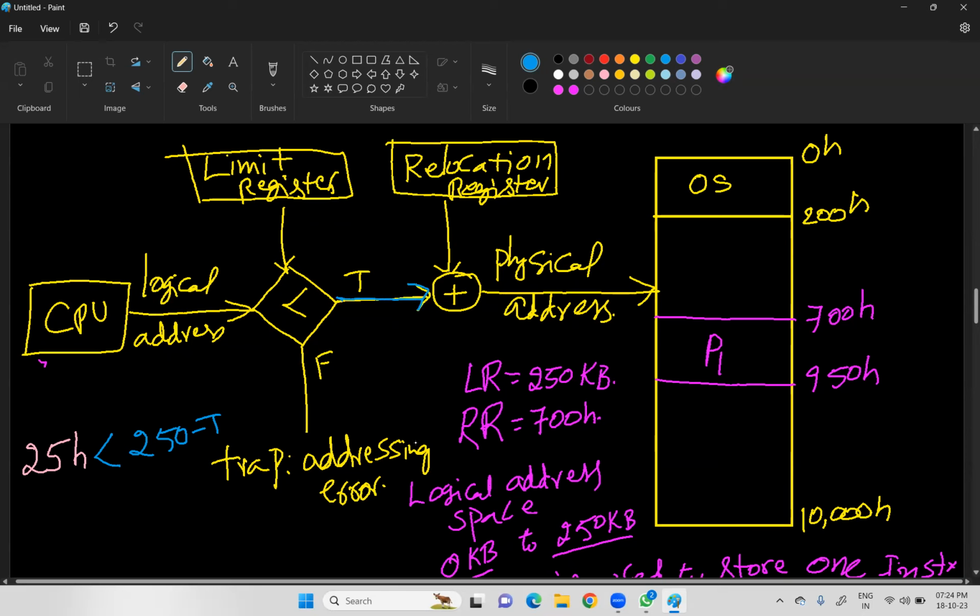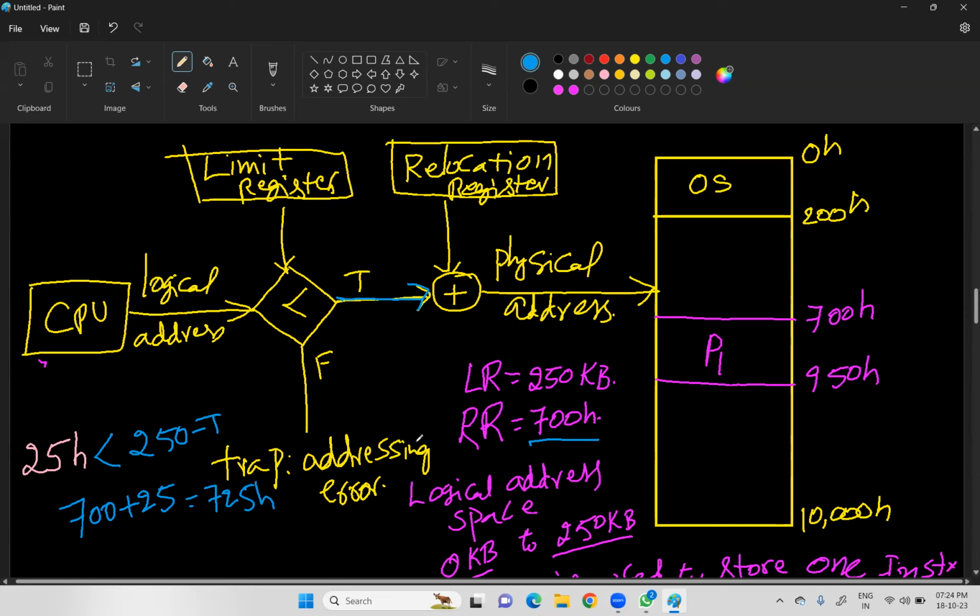For this 25, you add the relocation register address, which is 700. So 700 plus 25 gives 725H, the address where the CPU actually wants to execute.